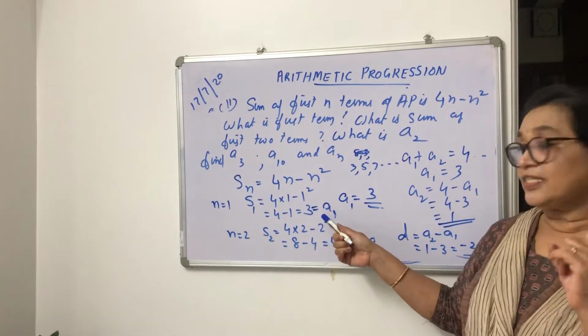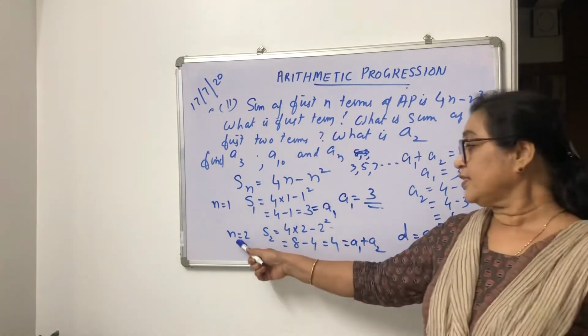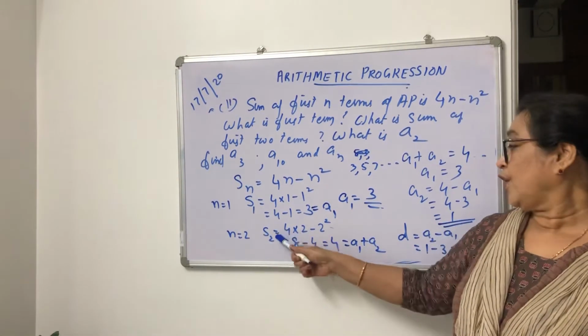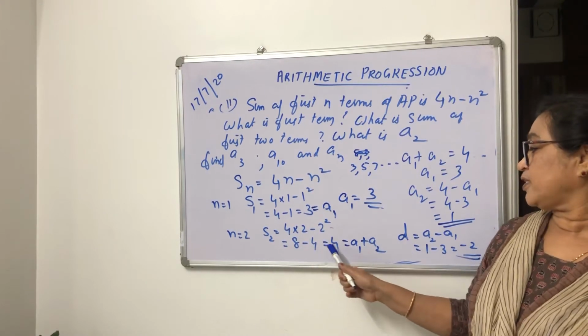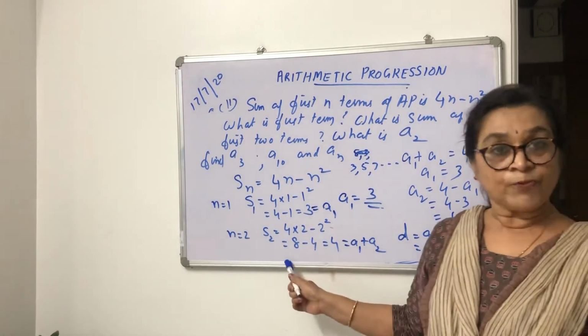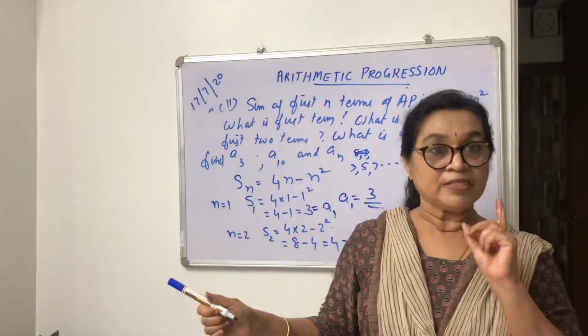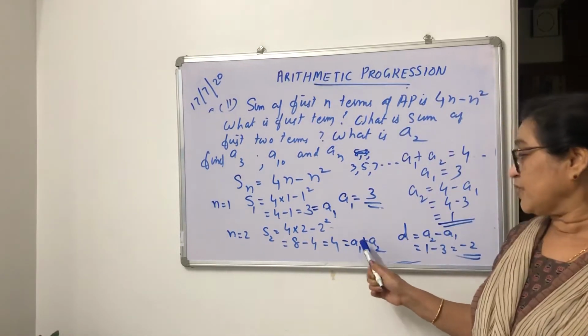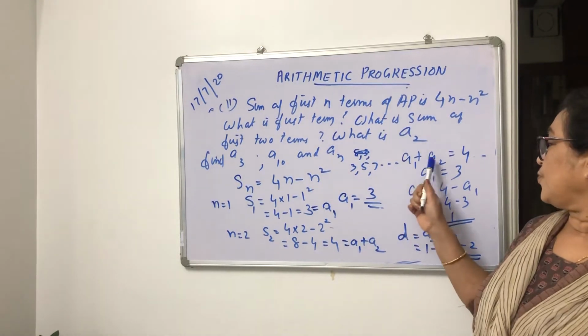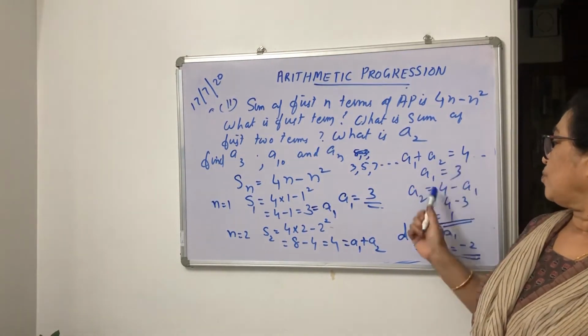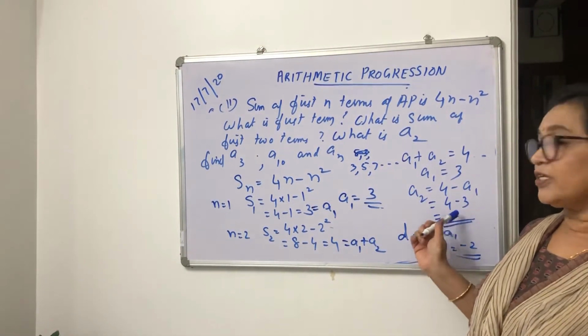Therefore 3 is A1. Then I have taken n is equal to 2, means 4 into 2 minus 2 squared, 8 minus 4 is 4. Sum of two terms, that is A1 plus A2. So A1 plus A2 is 4. A1 is 3. So A2 is 4 minus 3, 4 minus 3 is 1.